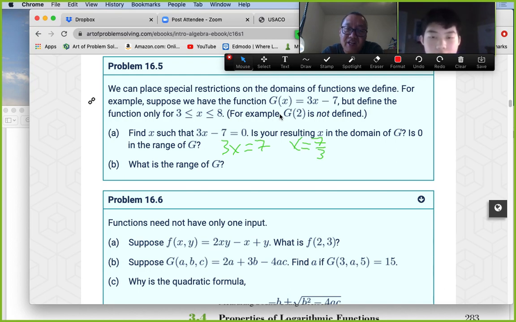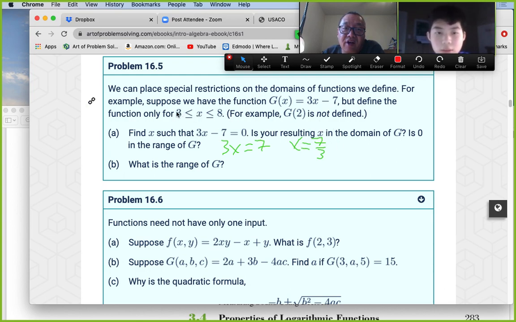Yeah, this one is less than 3. Your answer is right. So then they ask you, is 0 in the range of g? No. It's also less than 3. Your answer is right, but actually you need to calculate.